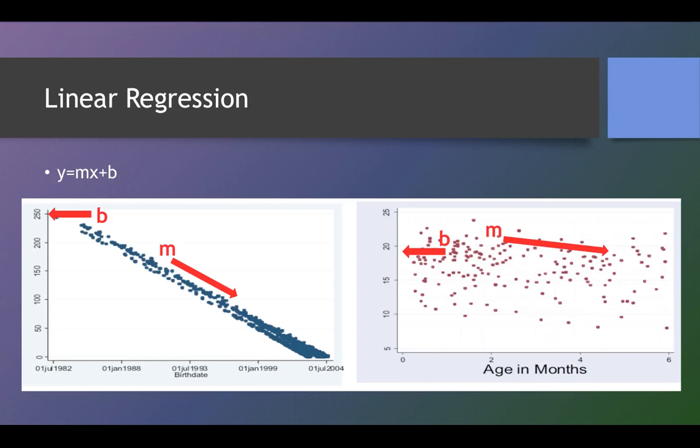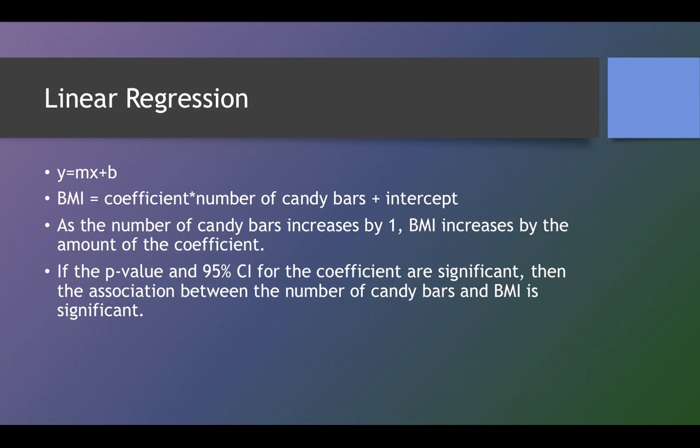This indicates the change in y for every unit increase in x. In this hypothetical example, as the number of candy bars increases by 1, BMI increases by the amount of the coefficient. If the p-value and the 95% confidence interval for the coefficient are significant, then the association between the number of candy bars and BMI is significant.